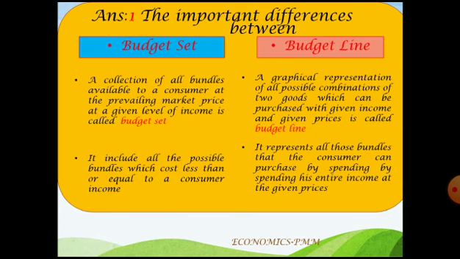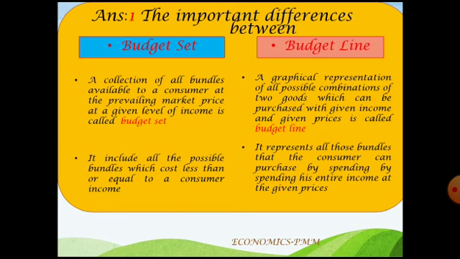In short, budget set is the combinations of goods available in a market, and budget line is the capacity of purchasing power of a consumer. Budget line shows the purchasing capacity of the consumer.